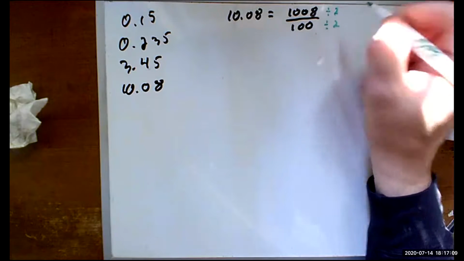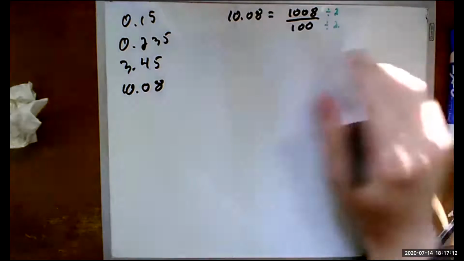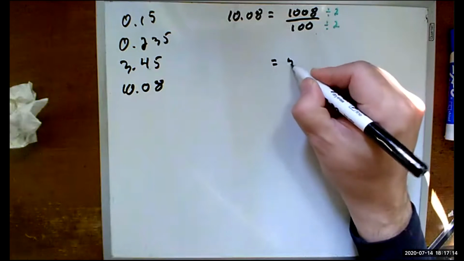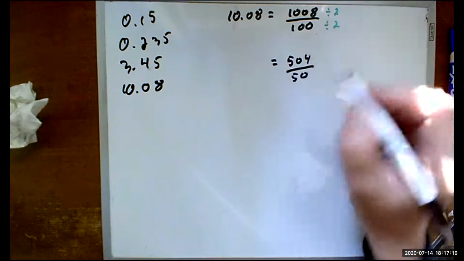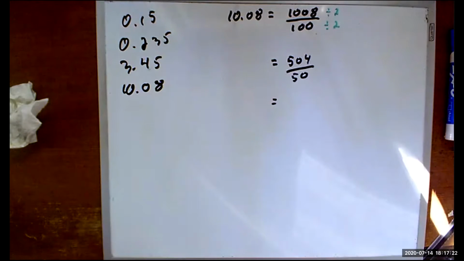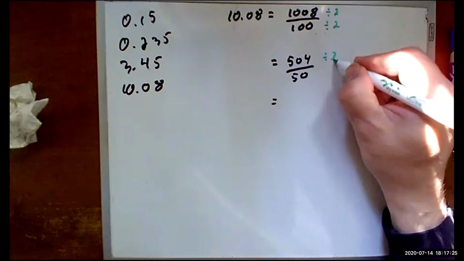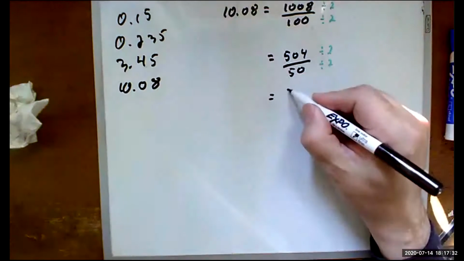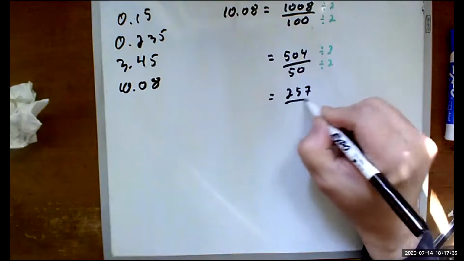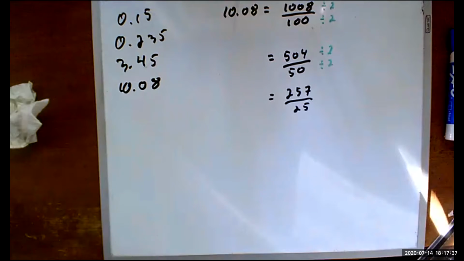I'll start with that, and I'll see what I get. 1,008 divided by 2 is 504. 1,000 divided by 2 is 500. Still even numbers, so I can still divide by 2 top and bottom. When I do that, I get 252 on top, and I get 250 on the bottom, and there is nothing that divides both, so we're done there.